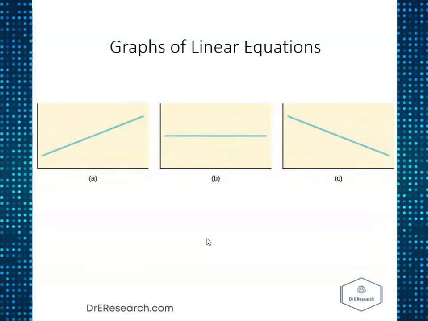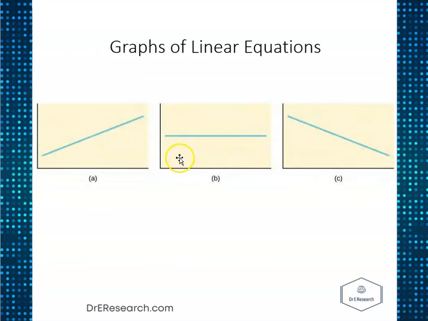So if you think about a variable, let's suppose that I have an x variable along the x-axis and a y value up the y-axis. In this first case, what it's saying is as x increases, y increases at some rate. In the last one, as x increases, so as we go from left to right, y decreases at some rate.